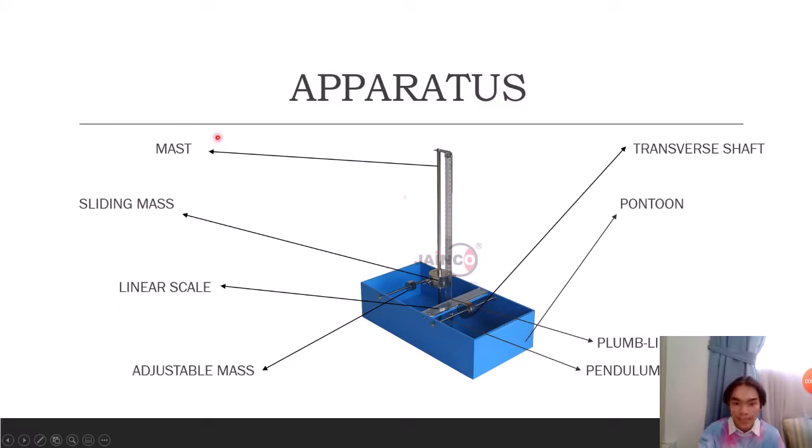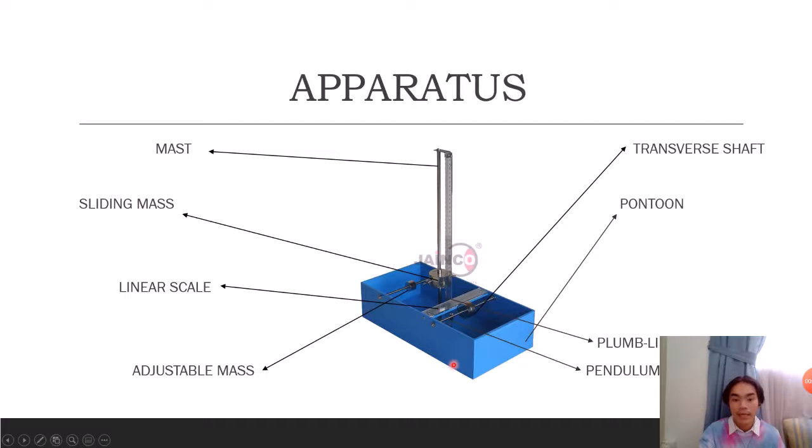First, we have the mast up here. We also have the sliding mast just beneath the mast. Then we have the linear scale, which is used to locate between two or more prominent marks on the scale. Next, we have the adjustable mass, where we can set the mass of this entire pontoon.